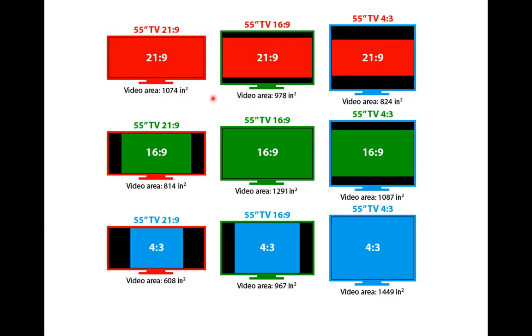Take a quick look at this. These are different size TVs. Here's 55-inch TVs. Looks like they're all 55-inch screens. But some of them are in a 16:9 format, this middle column, and then some are in 4:3 format, and you see that it looks different. This would be a full screen 4:3, but again, you'd be missing some of the video.